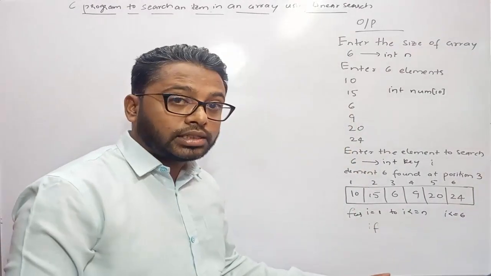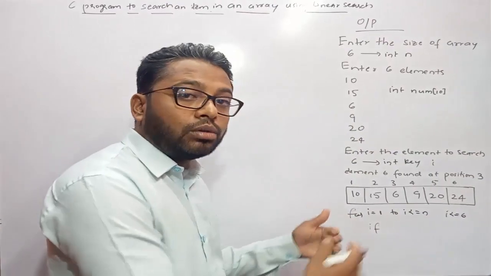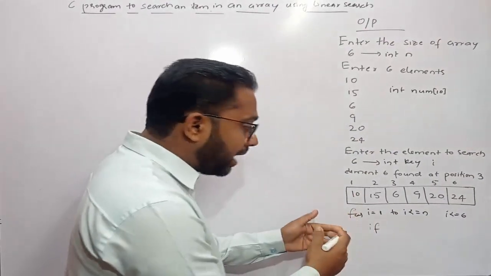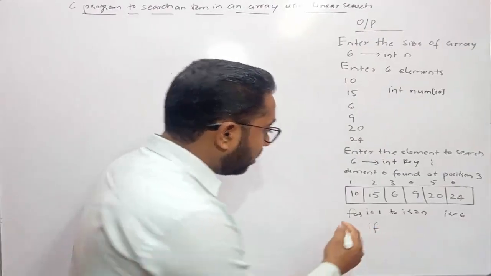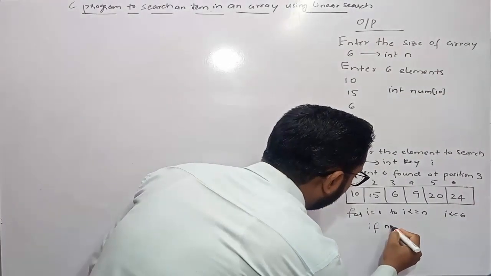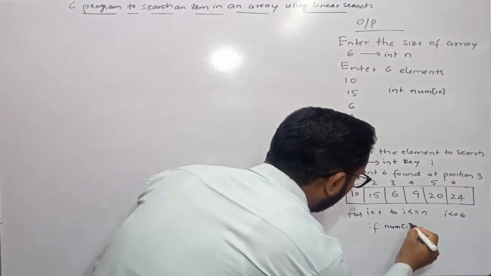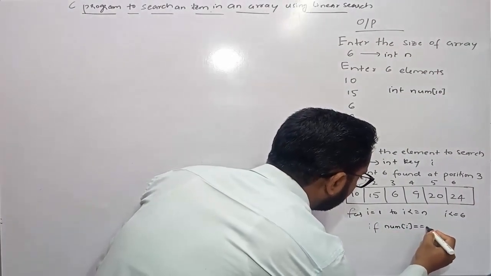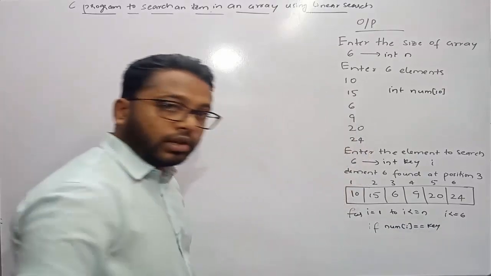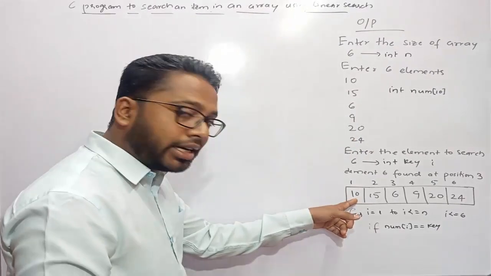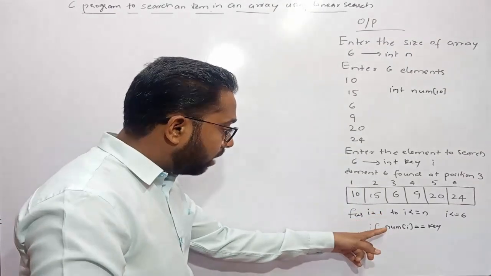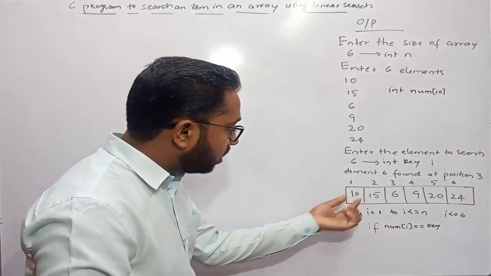Okay, n value is 6, so 6 times I need to iterate. With each and every iteration, I need to check whether num of I is equals to key.